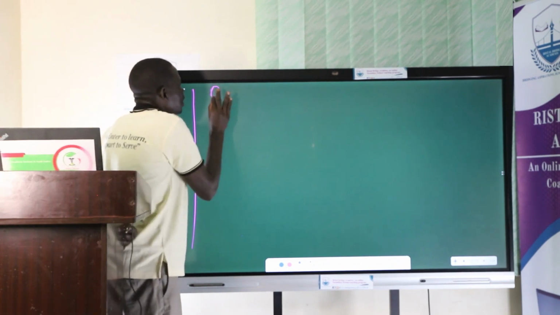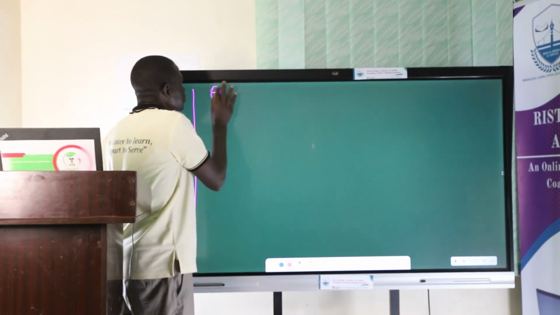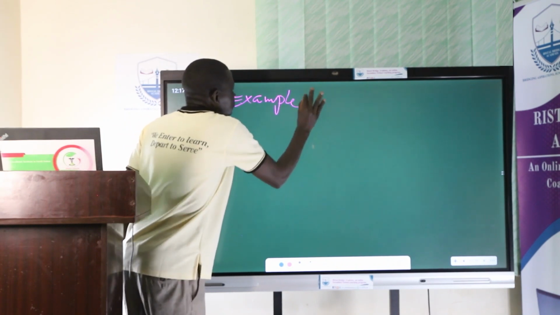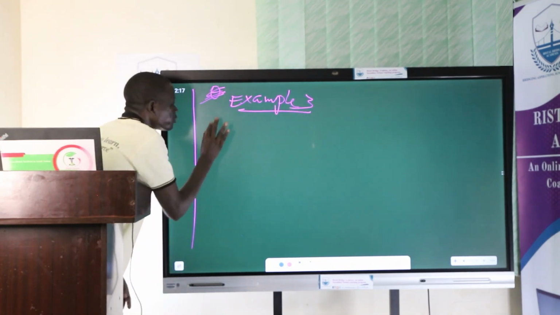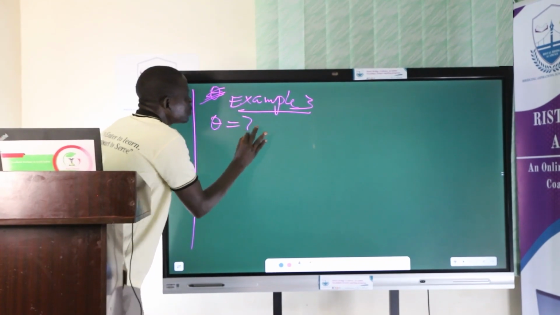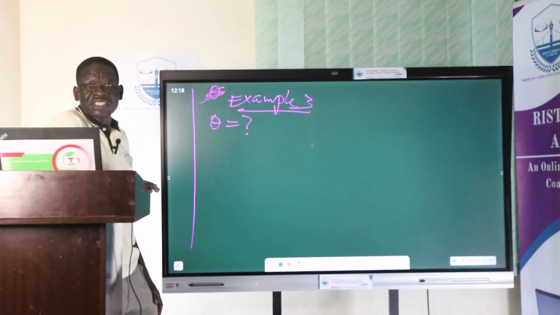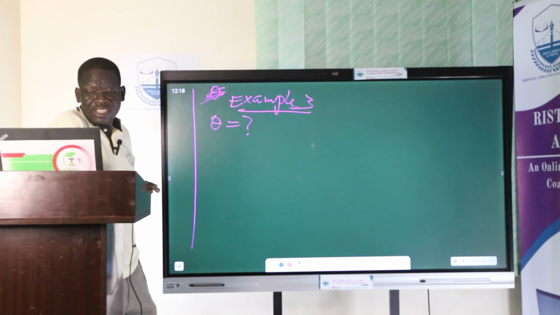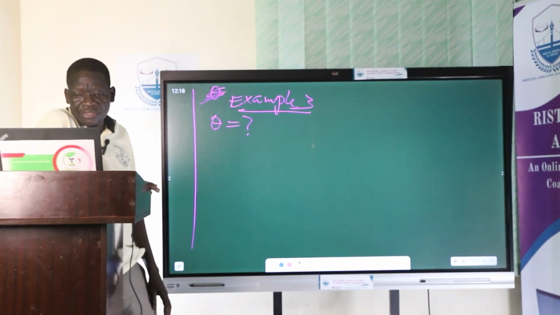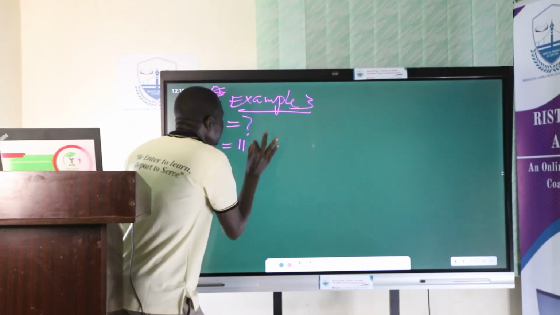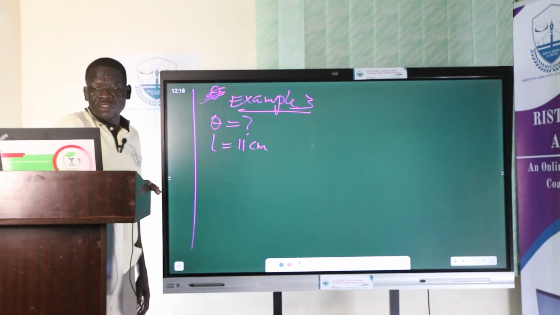Theta is equal to, we don't know, the angle subtended at the center of a circle by an arc of length 11 centimeters. Length is equal to 11 centimeters. If the radius of the circle is 21 centimeters, radius 21 centimeters.